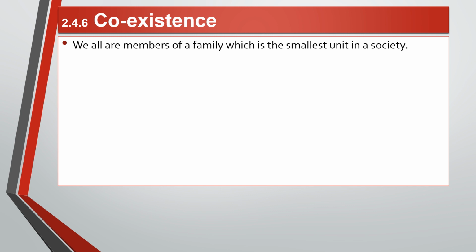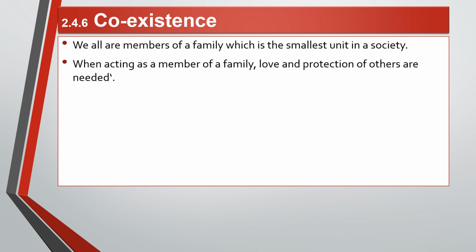You would have studied about the family in grade 7, and you know the types of families. What are the types of families? The types of families are mainly the nuclear family and the extended family. Whatever the family is, it is the smallest unit.